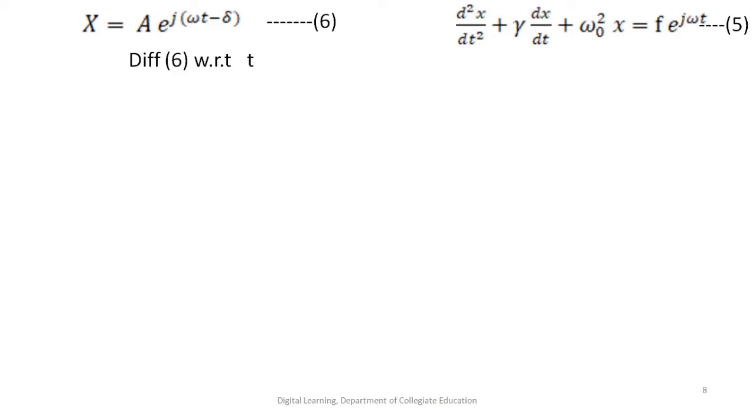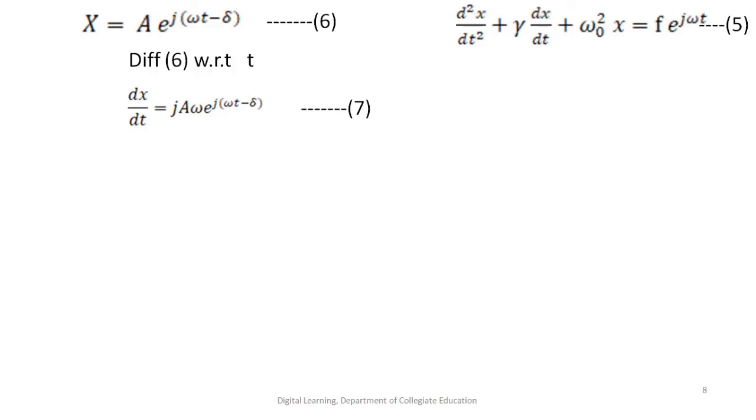So now differentiating equation 6 with respect to t, we get dx by dt is equal to j. This term is in the form of e power ax, and differentiation of e power ax is a into e power ax. Since a is constant, we get j a omega into e power j omega t minus delta.